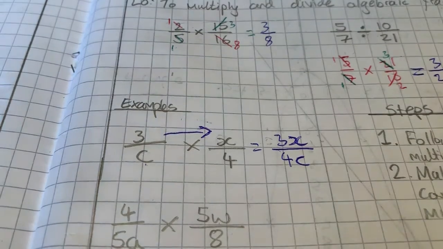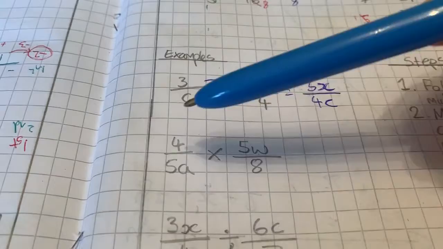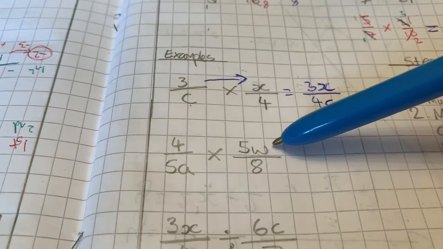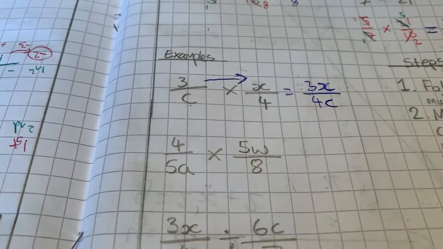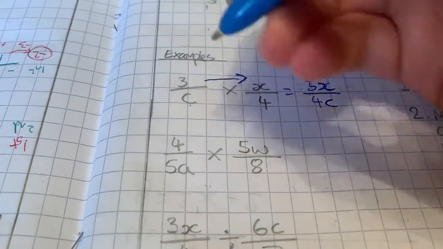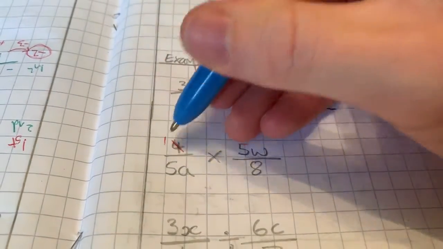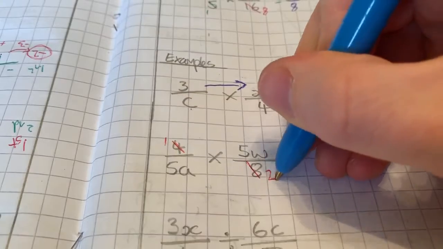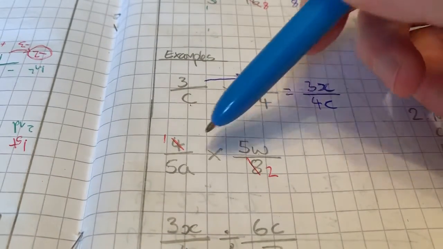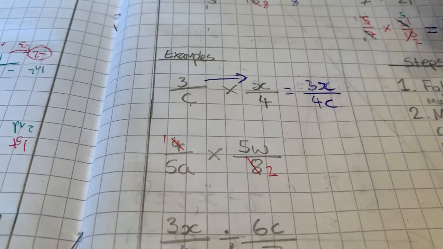Now, if we look at the next one, I've got 4/5a multiplied by 5w/8. This one has some cancelling we can do. If we look at the 4 and the 8, they both divide by 4, so that becomes 1, and that is 2. Now the 5a and 5w have cancelling as well, because they both have 5 in them.